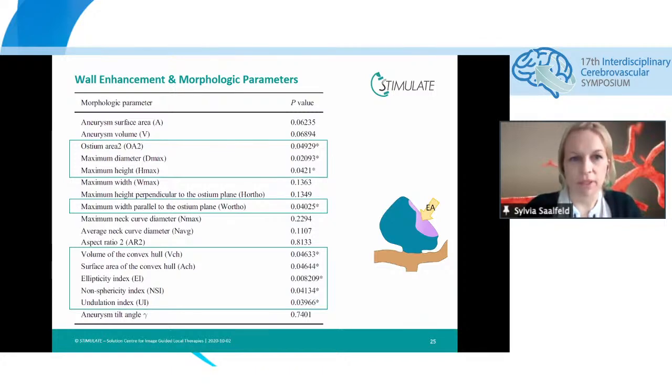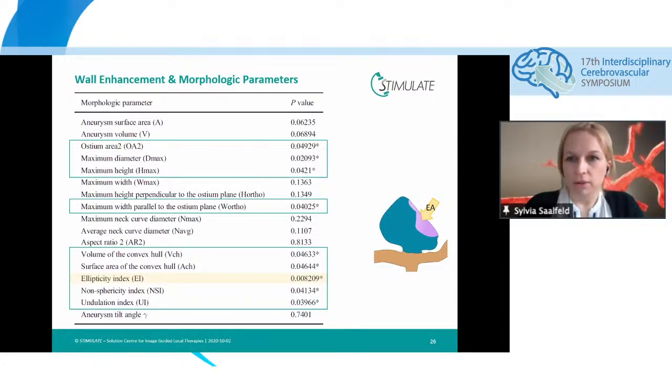And these parameters are pretty common, which have also been associated with aneurysm rupture risk. We also had a closer look at which of these parameters may have the most predictive power. There was also a correlation among these morphological parameters, and then we could identify the elasticity index to be most important regarding the statistical correlation with the enhanced area.